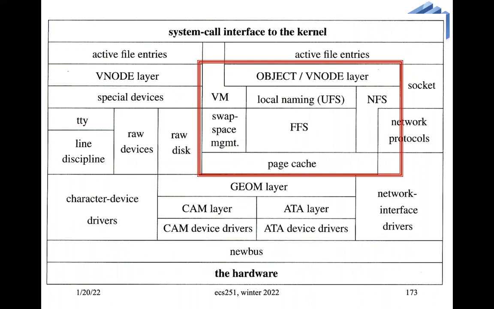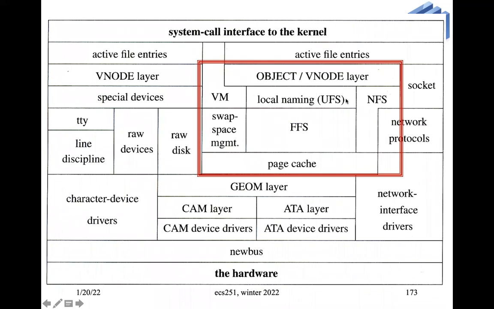It is vNode, a virtual file system, virtual node. You can see that we already talked about going from hardware, the hard disk, through the device driver, to the dirty cache. We go to the cache and then we have the FFS, which is the fast file system, where essentially the inode is defined.